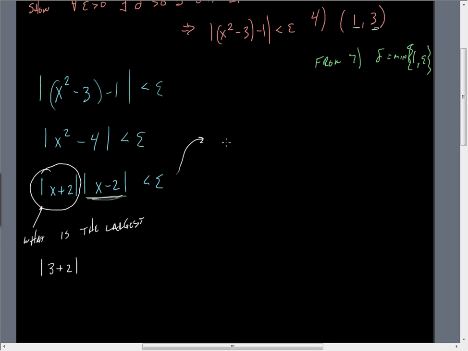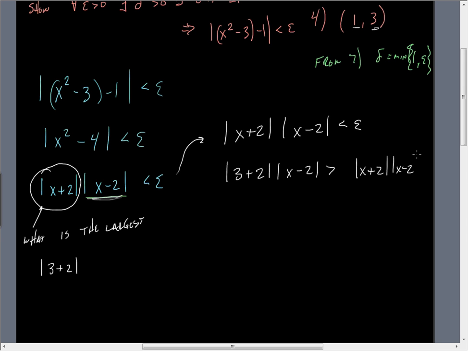Now we want that stuff to be less than epsilon. Okay, so we want this to be less than epsilon. We know that if we put in a 3, then 3 plus 2 times x minus 2 has to be greater than, I'm sorry, has to be greater than x plus 2 times x minus 2.